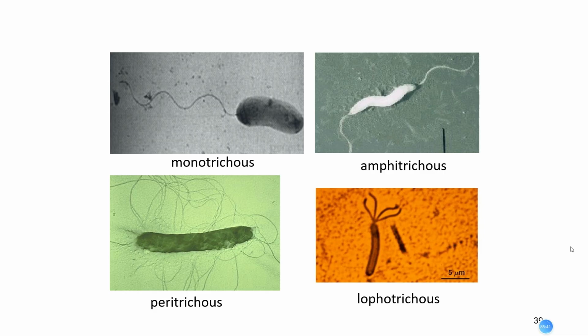Two flagella. While this one has a lot of flagella surrounding the cell. So this one we call peritrichous. Peri means surrounding. And this one has a bunch of flagella on one end of the cell. I call it lophotrichous. Okay? Different types of flagella.